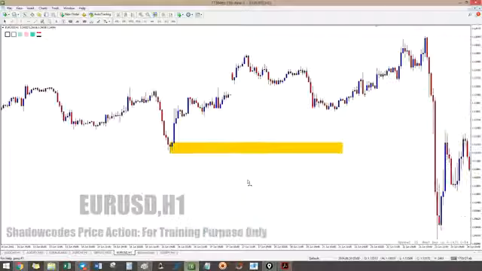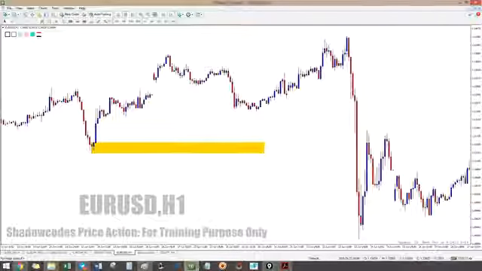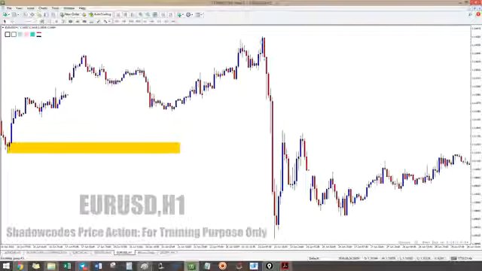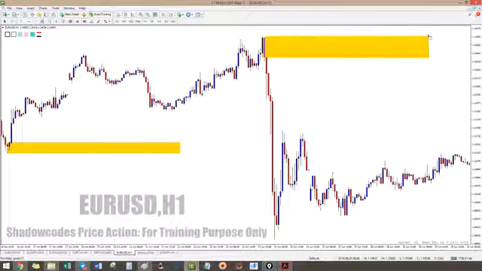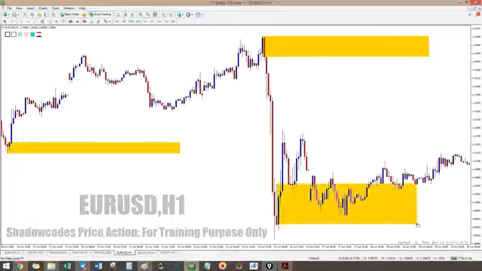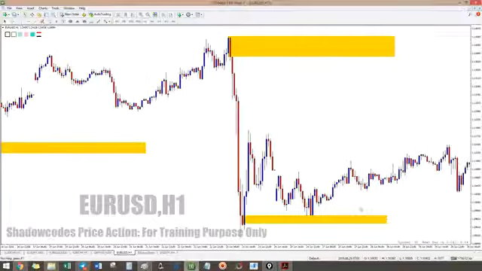Again, this one is a supply. It's a bull, bear. This one is a bear, bull. So it goes like this. Because of the shadow, if you do not want to take the shadow, just take this one. It's a bear, bull for demand zone.